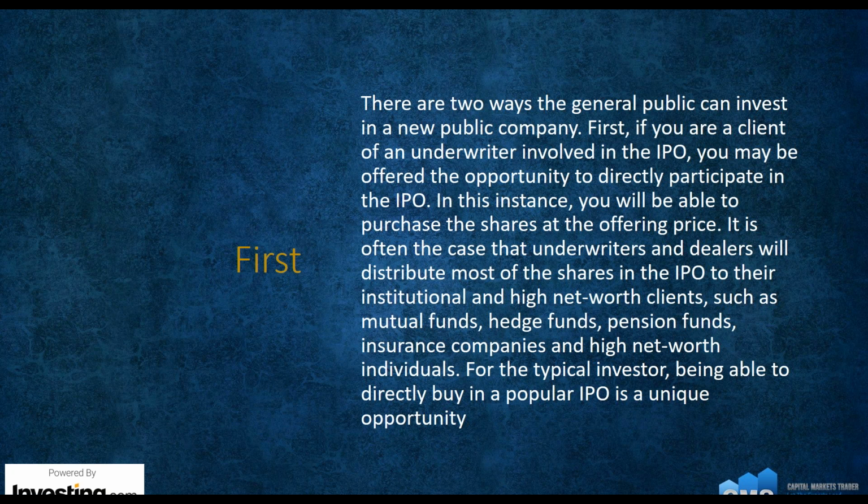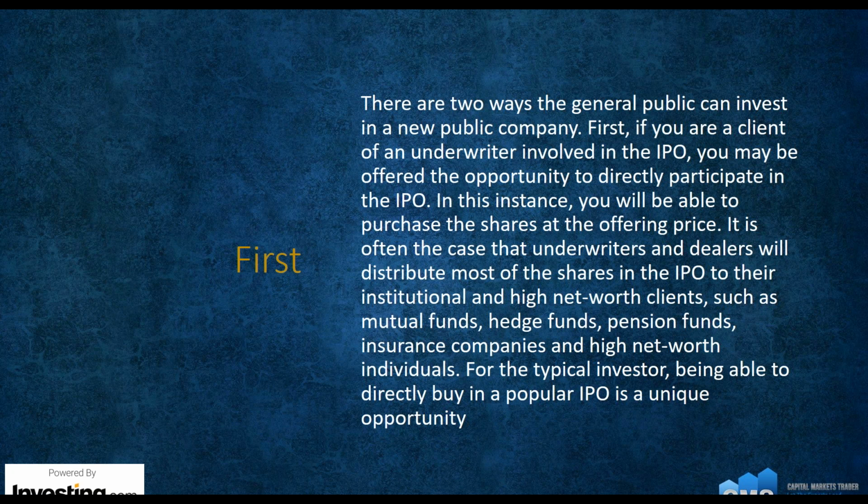Now, this is one of the reasons a lot of traders or investors open multiple accounts and open fairly large accounts with people like JP Morgan Chase and the bigger investment banks and underwriters, because this will give them an opportunity to take part in some of these IPOs via where their accounts are held. In that instance, you will be able to purchase the shares at the offering price.